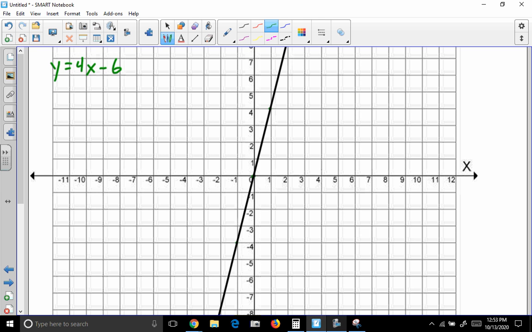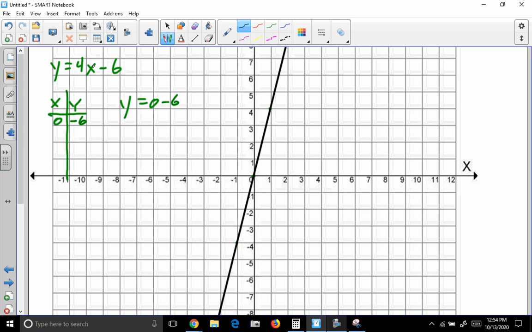So, different things we could do. The easiest thing to do here would just be to make a table. So if we put a 0 in for x, I'm just going to do this real quickly. 4 times 0 is 0, minus 6 would be minus 6.